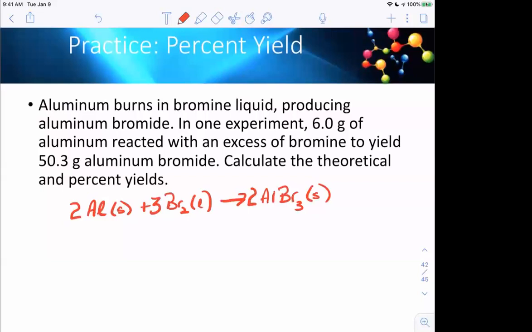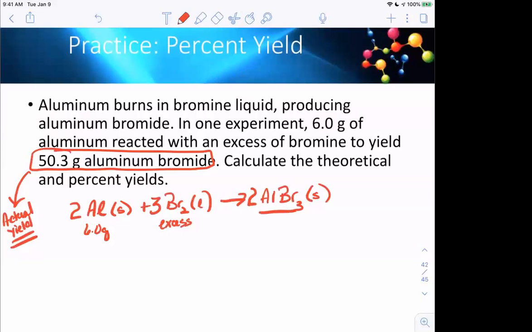In one experiment, I have 6.0 grams of aluminum with excess bromine, so I don't have to worry about limiting reagent, to yield 50.3 grams. This is my actual yield. Calculate the theoretical and the percent yields. So I'm going to figure out how much aluminum bromide should have been made using stoichiometry.